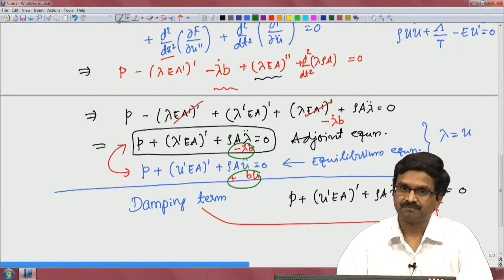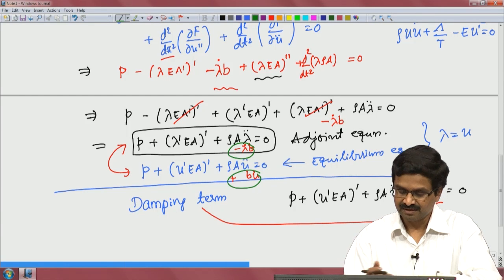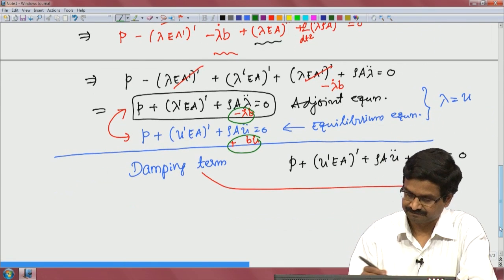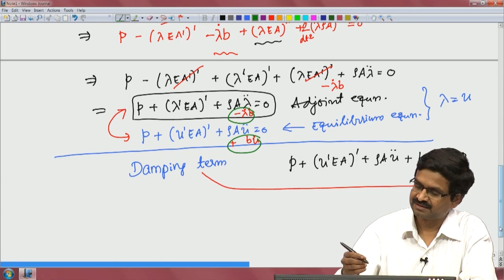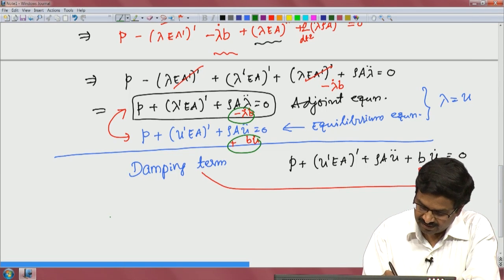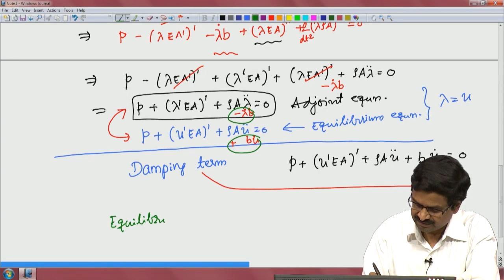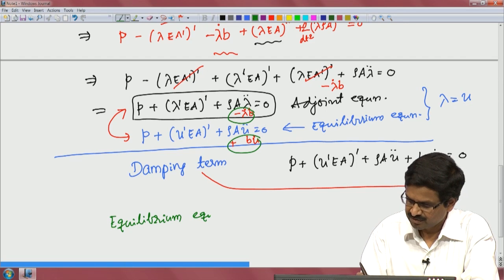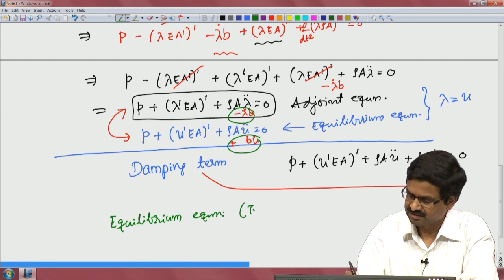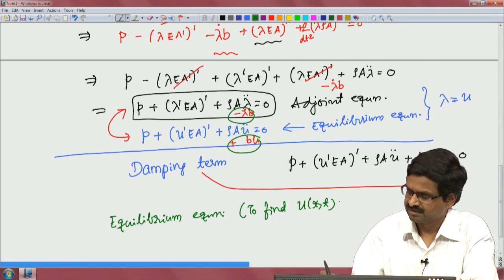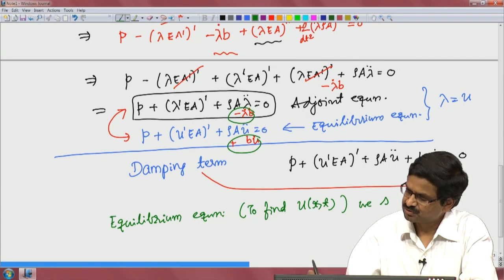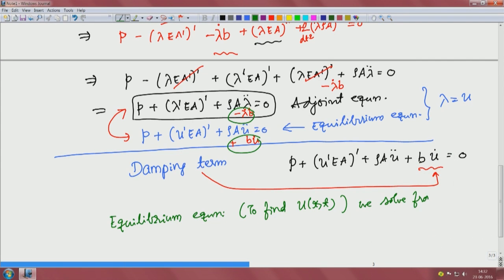So, we cannot just solve, but we could solve it if we reverse the sequence, meaning that for solving the equilibrium equation, that is to find u(x,t), we solve from 0 to capital T.